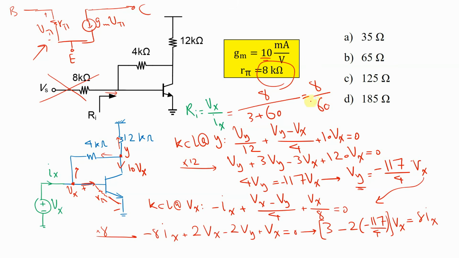Now what do we have for the rest? Instead of 63, you can simplify this as 8 divided by 64. It's almost 8 divided by 64.